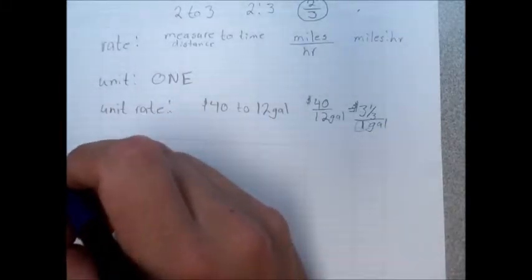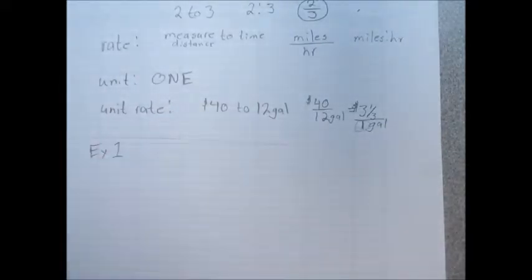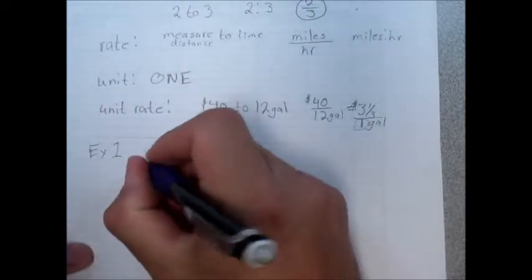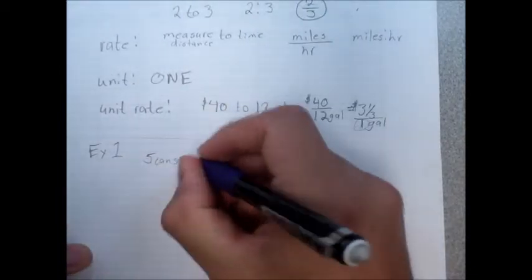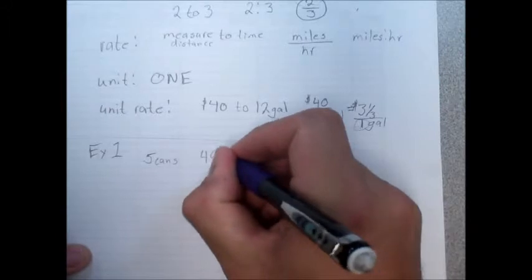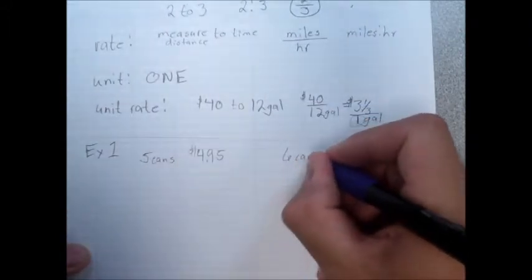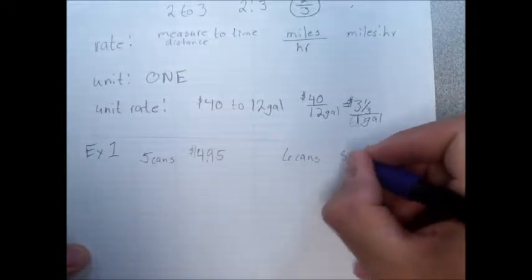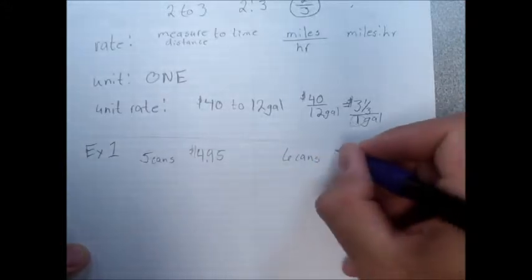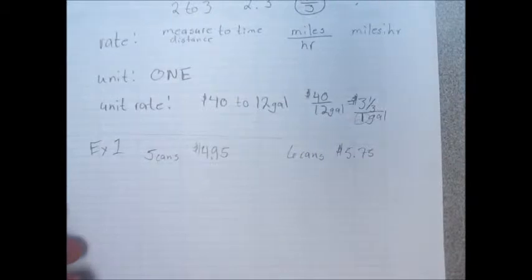If it asks which is the better buy, which is the most common one you're going to see: 5 cans for $4.95 or 6 cans for $5.75. And this is just whatever your favorite canned food item is.